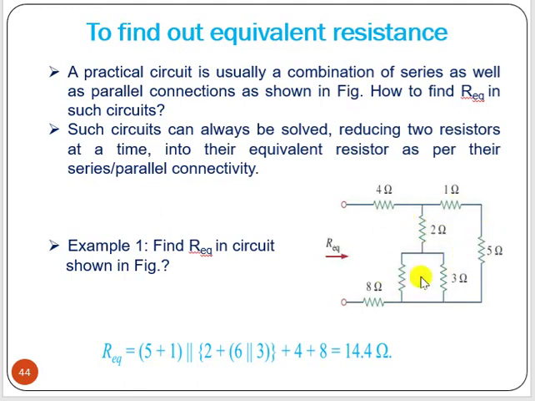Here, 6 and 3 in parallel are in series with 2. So this is the second bracket. Now this part is parallel with this part, then in series with this 4 and 8.